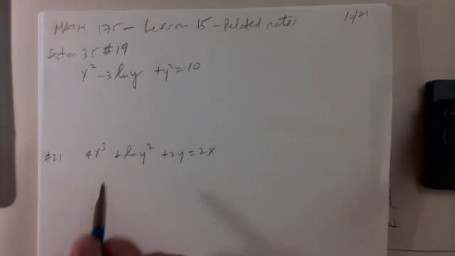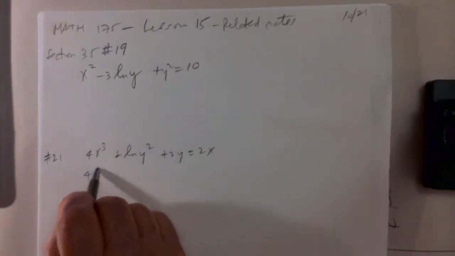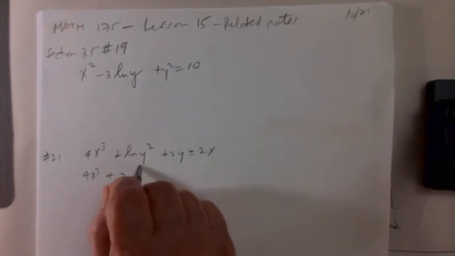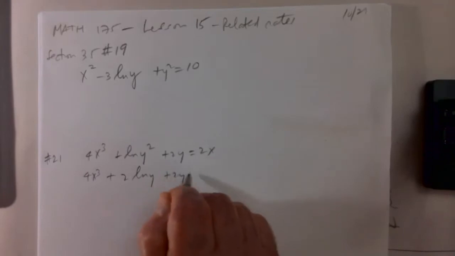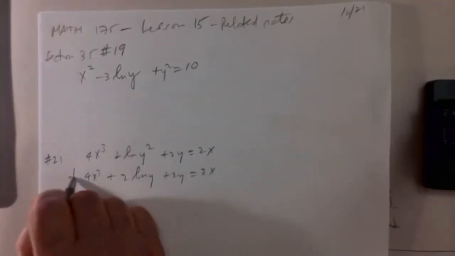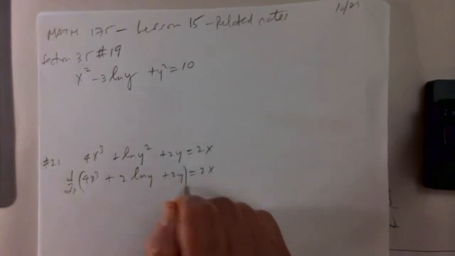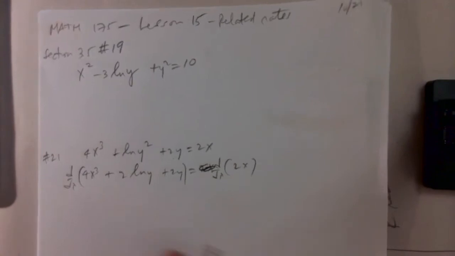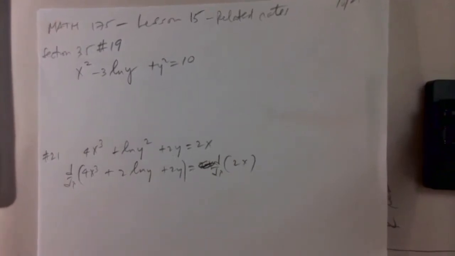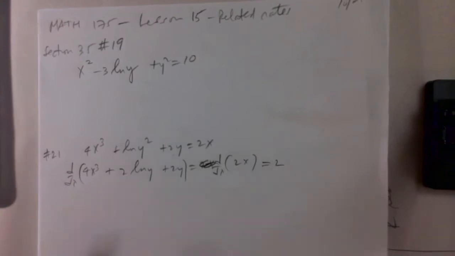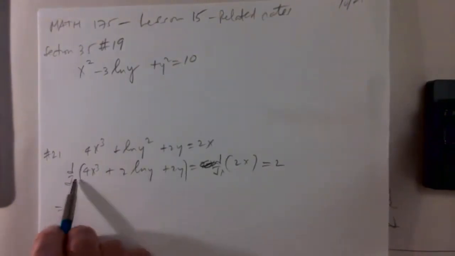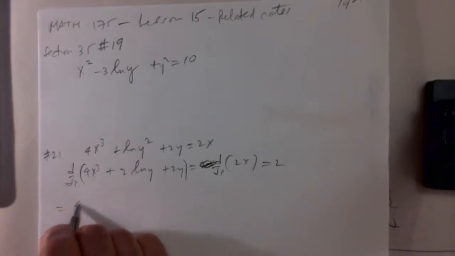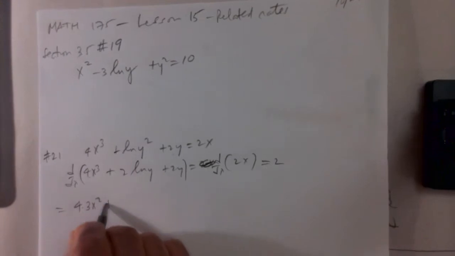Let me start with the one you asked about. It just simplifies slightly. The log of y squared is the same as 2 times the log of y, so 4x cubed plus 2 log y plus 2y equals 2x. I want to differentiate both sides with respect to x. The derivative of 2x is just 2. The derivative of 4x cubed is 4 times 3x squared, which is 12x squared.